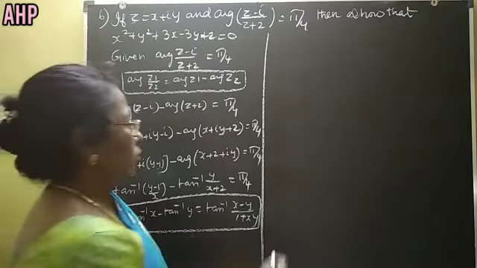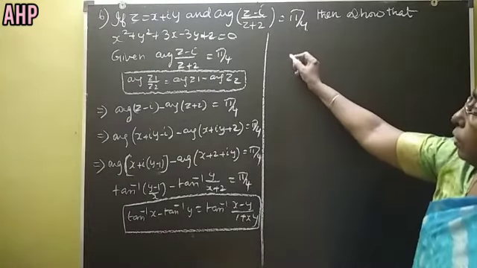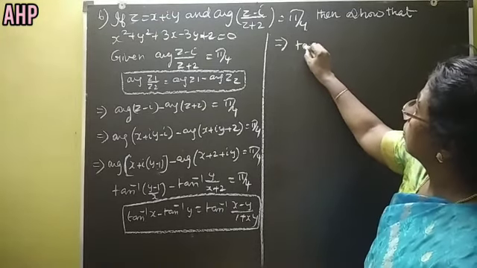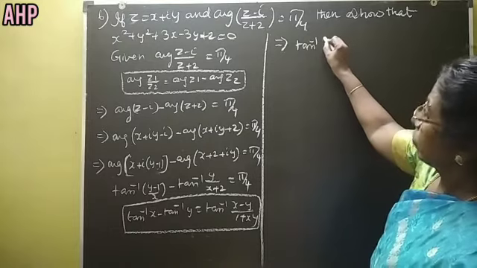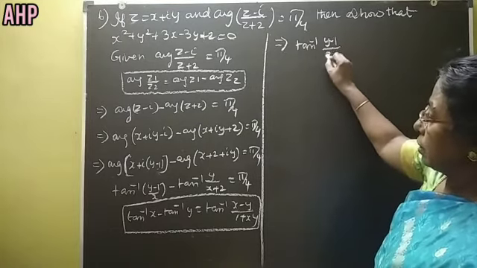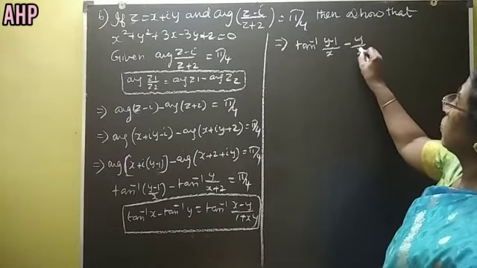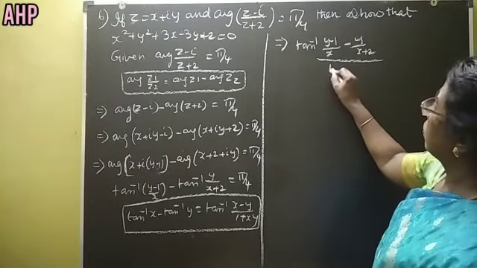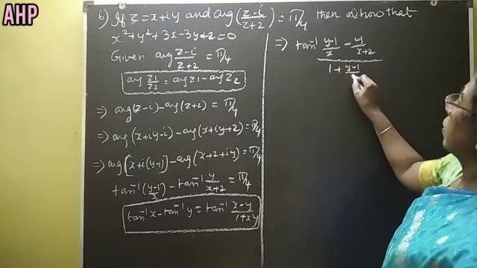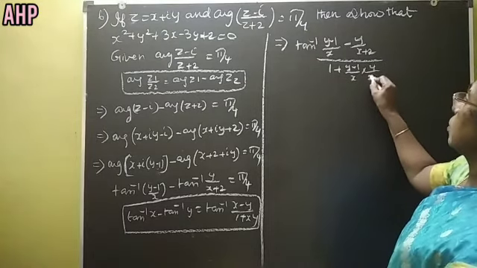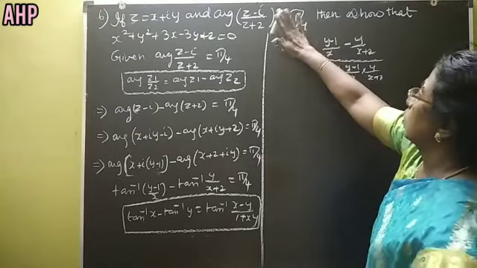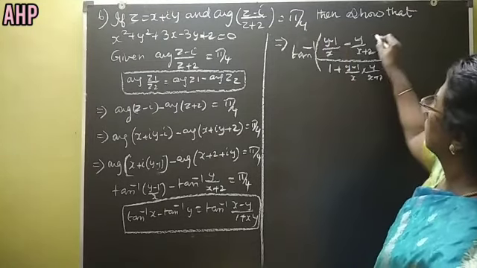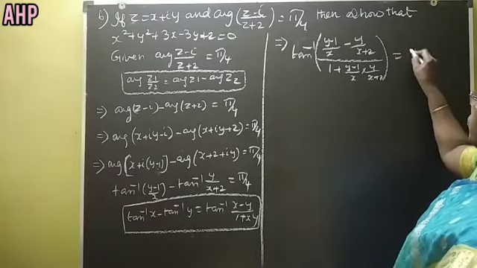So this gives tan inverse of (y minus 1) by x minus y by (x plus 2), divided by 1 plus (y minus 1) by x into y by (x plus 2), equal to pi by 4.